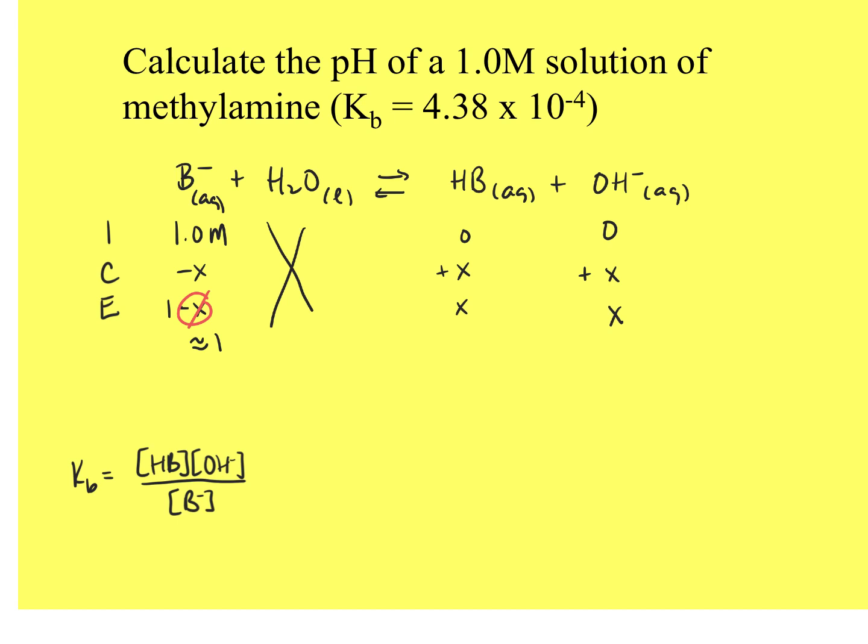Then we plug this into the Kb expression: 4.38 times 10 to the negative 4 equals x squared over 1.